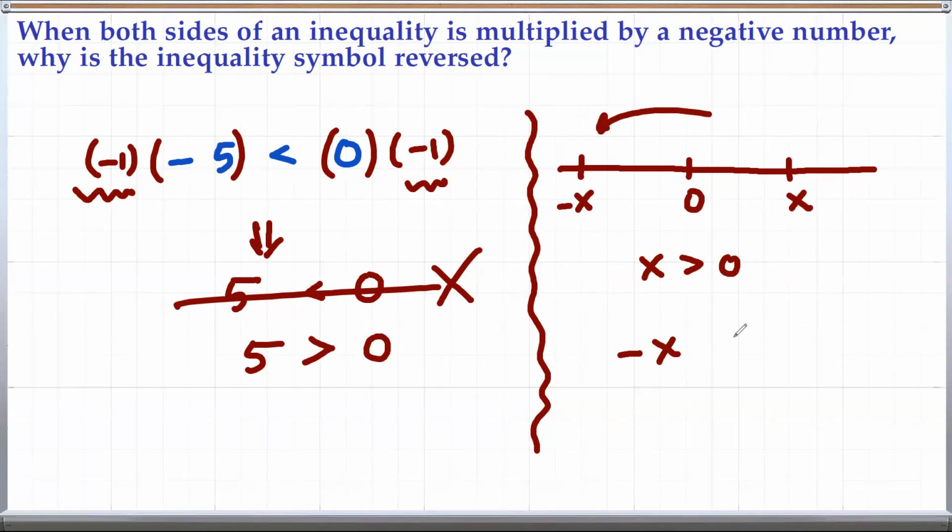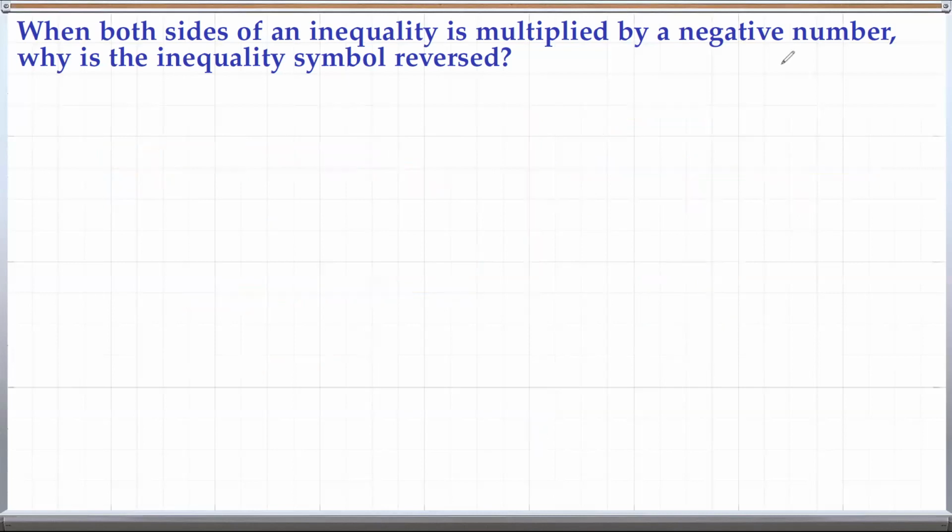Then just by looking at the number line, we see that negative x is less than 0. So if you make x into negative x, then you need to flip the sign, so that greater than 0 becomes less than 0.